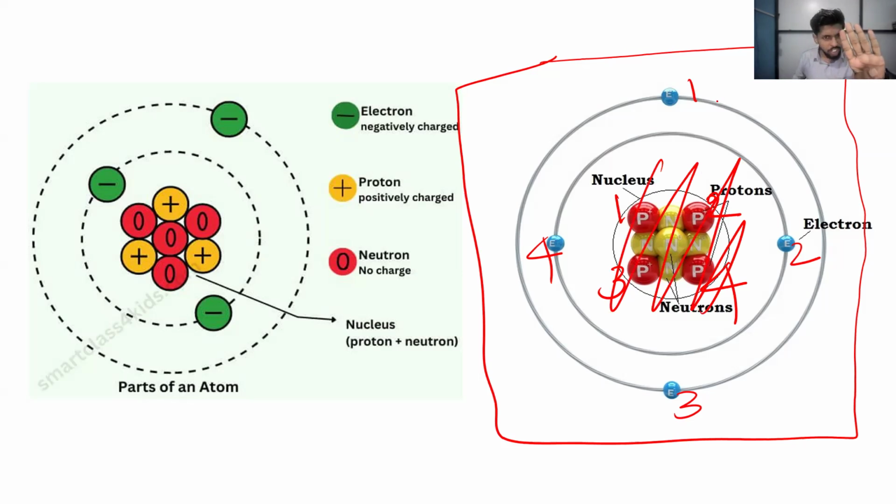Totally we have 4 plus charges, 4 protons, and 4 minus charges, 4 electrons. So those plus 4 and minus 4 will be balanced. So the total charge of the atom will be 0. Why is it 0? 4 protons means 4 electrons, so 4 protons and 4 electrons got balanced. So the total charge will be 0.